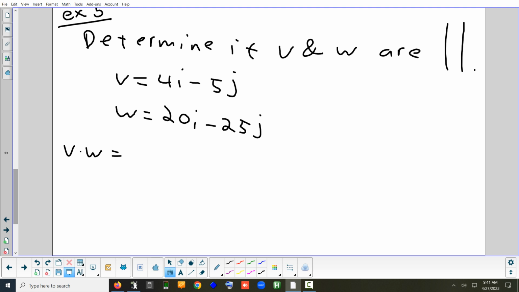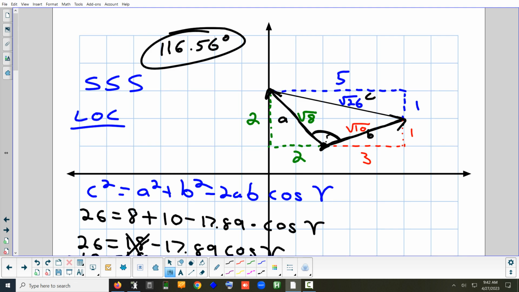The first two things I'm going to multiply together to get my dot product. 4 and 20. Okay, next two. -5, -25. So what's that going to give me? 80 and 125.